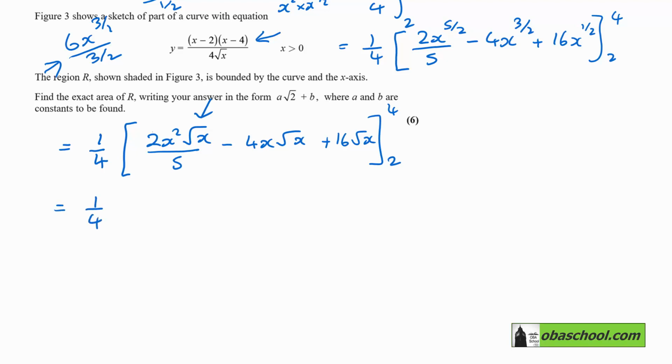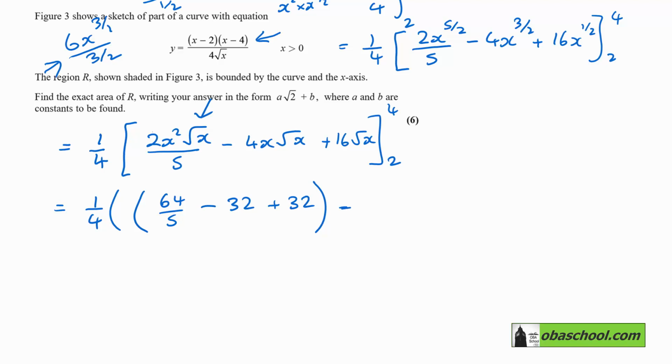So that will be a quarter. And substituting the 4 in there, this will be 16 times 2 times 2, 64 over 5. And then we would have 16 times 2, which is 32. And that one's going to be plus 32.